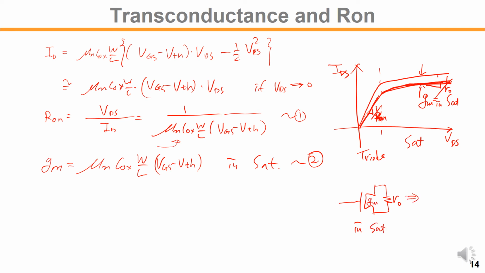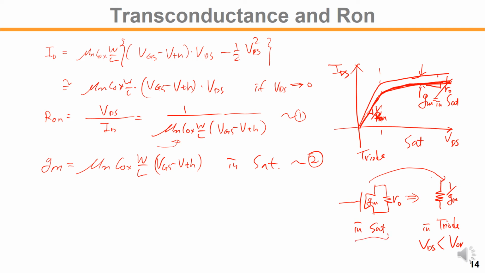But once the device is pushed into the triode by having a small VDS less than the overdrive voltage, then the resistance becomes the same as the GM that we would see in the saturation region, right?